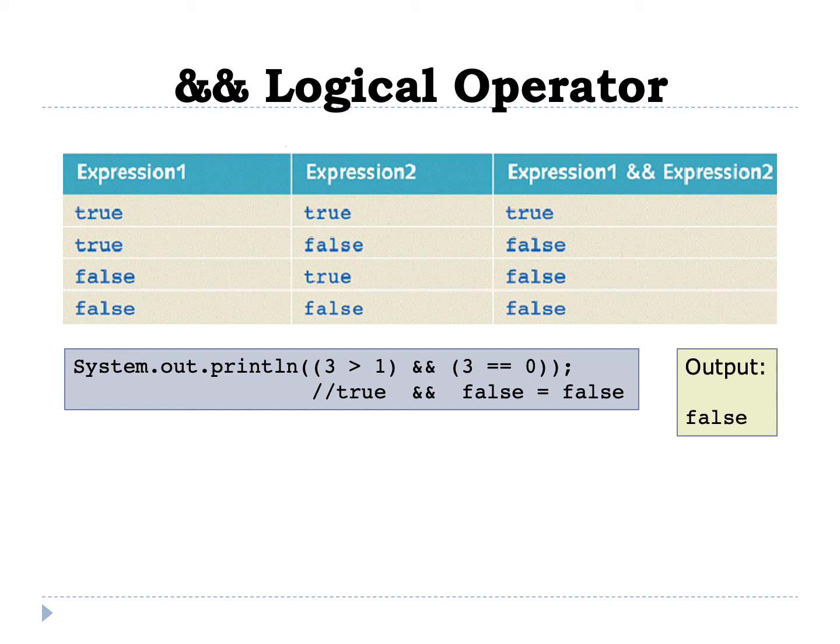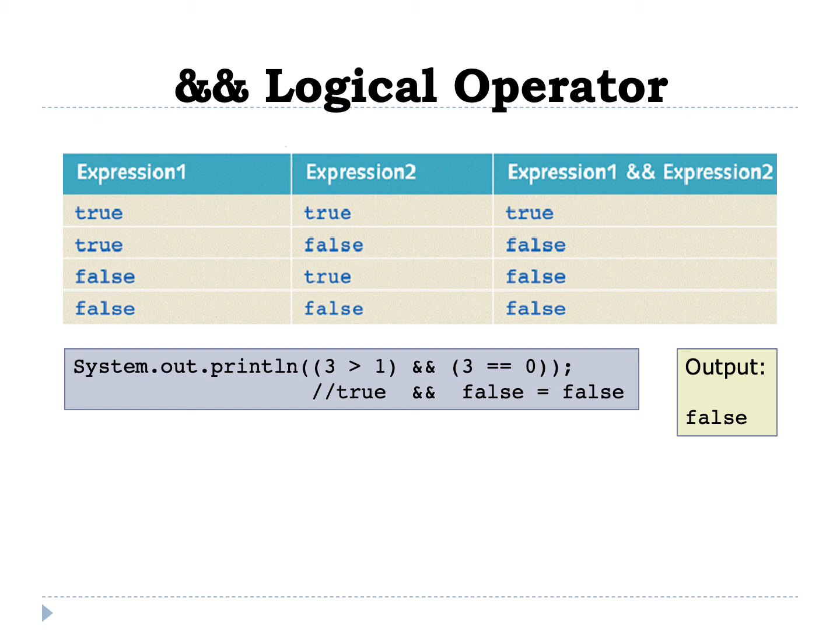So how can we use the operator AND in our code? A very simple example is by comparing two expressions of numbers. We wrote System.out.println and within it we have two expressions that use the relational operators. The first one is 3 larger than 1 and the second one is 3 equal to 0.